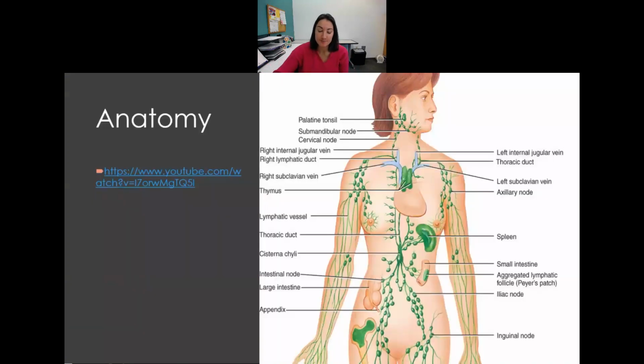So first we'll look at the anatomy, and I can put this YouTube video in the play pause it link. We have lymph nodes all over our body. The majority of our lymph nodes are in the abdomen and along the proximal joints of our body, so shoulders, hips, as well as our neck, and a few up into our head.